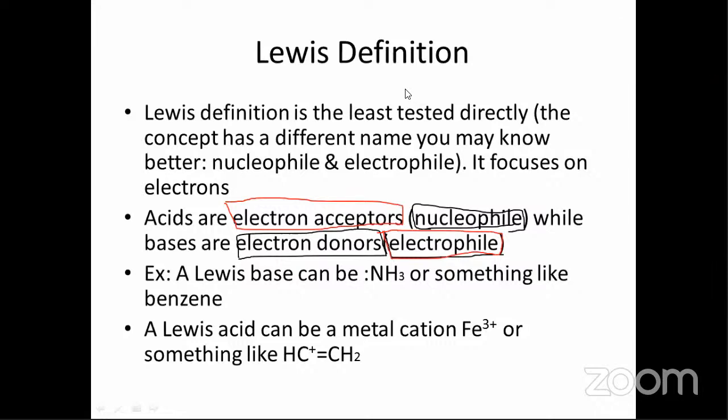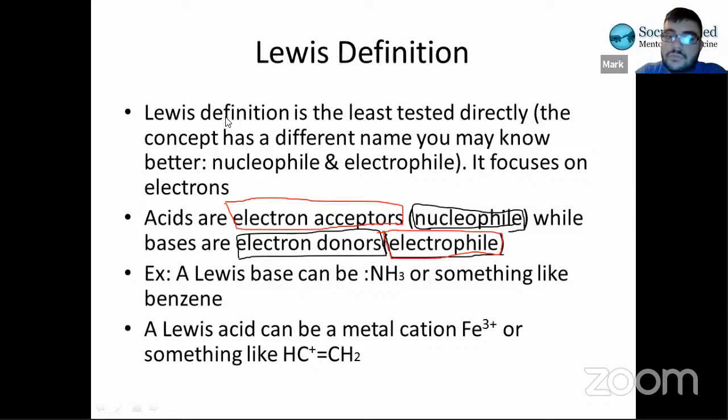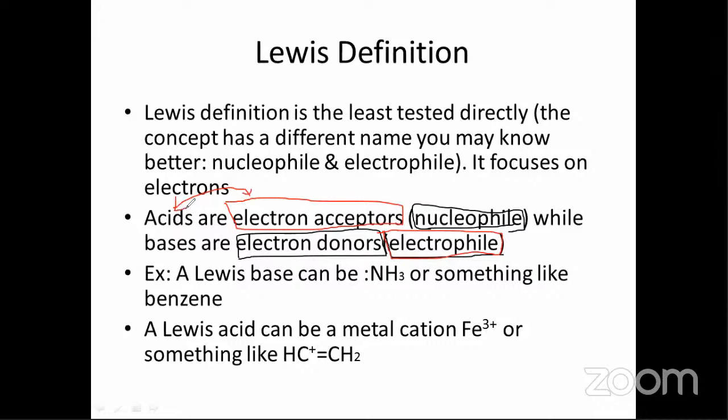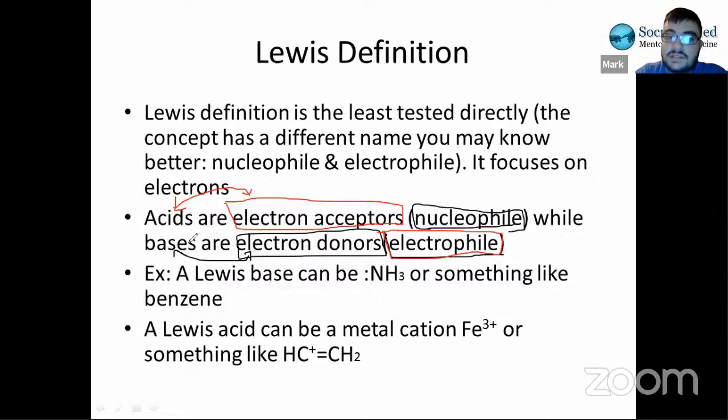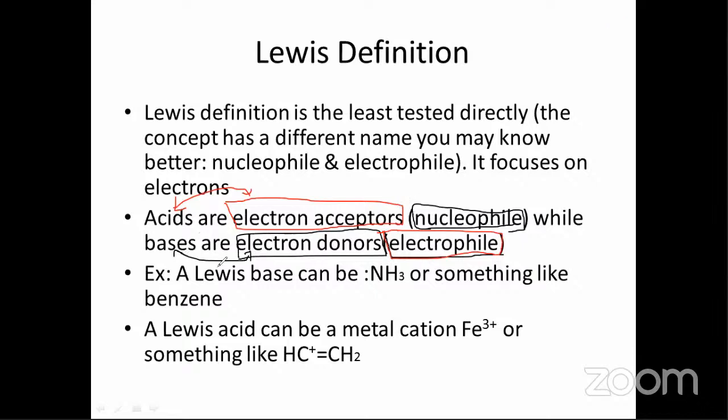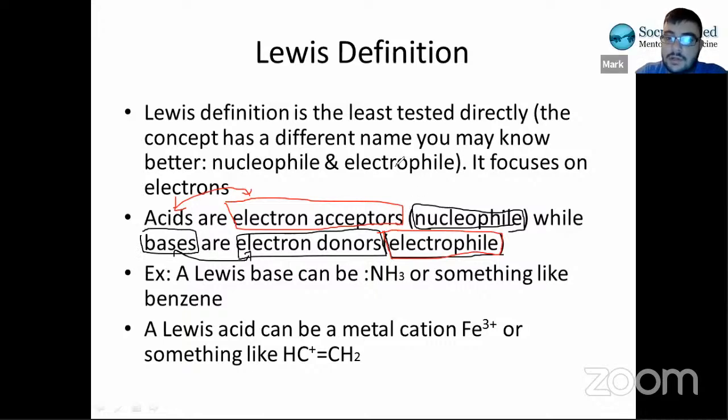The acid base part is still correct, right, Mark? So acids are, no, well, this is correct. Okay, yeah, this is correct. So bases are electron donors, nucleophiles. I'll do it like this: all the black ones go together, all the red ones go together, if that helps. So acids, electron acceptors, electrophiles; bases, electron donors, nucleophiles.